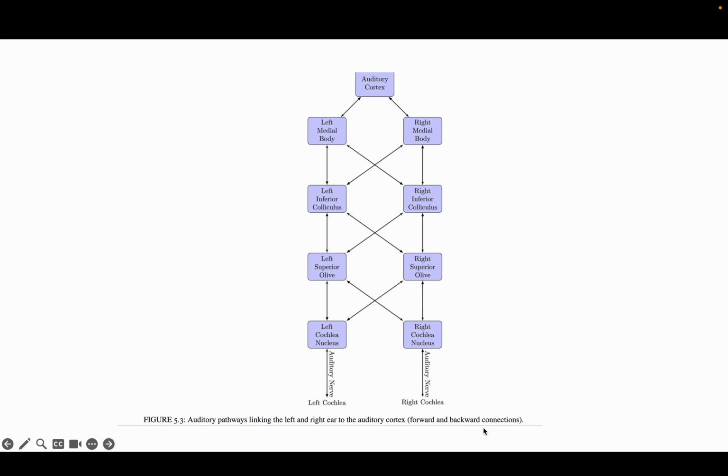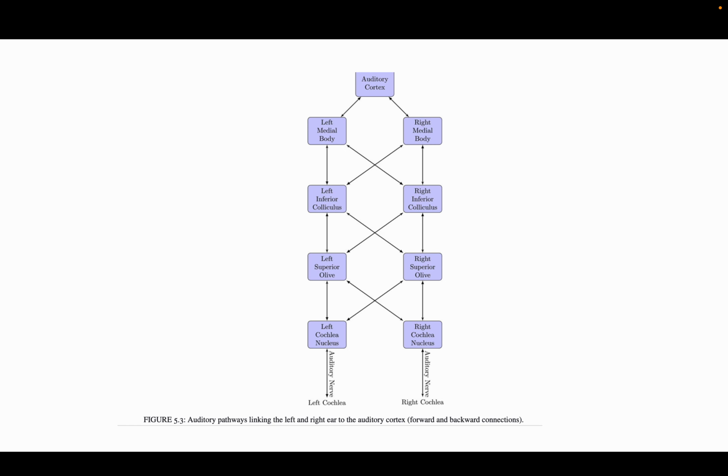This graphic illustrates left ear and right ear and left cochlea, right cochlea, and what happens once the cochlear response is communicated through the auditory nerves.